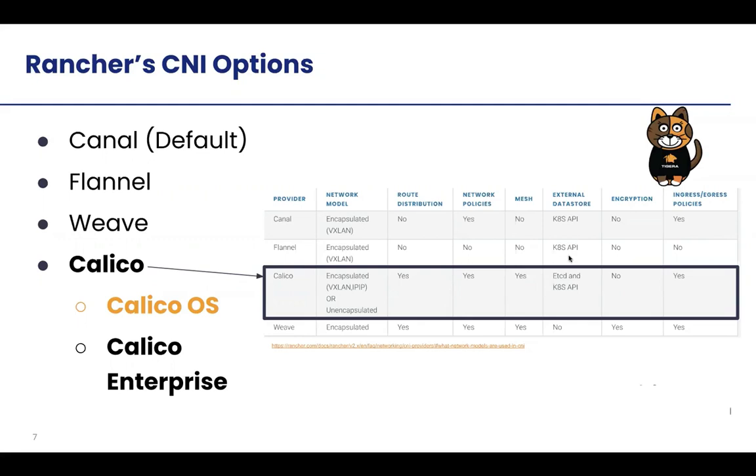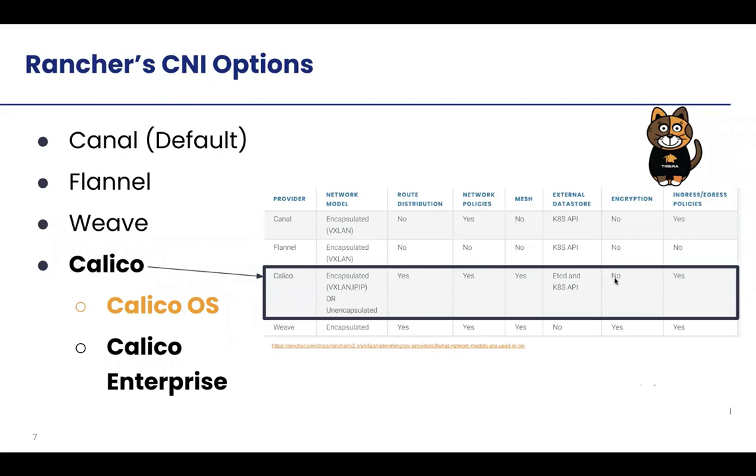The external data store is basically just where the CNI stores its data around configurations and so forth. We support both using etcd directly or the Kubernetes API, which at the end of the day stores it within etcd. In terms of encryption, there's a need to provide encryption at layer 3.